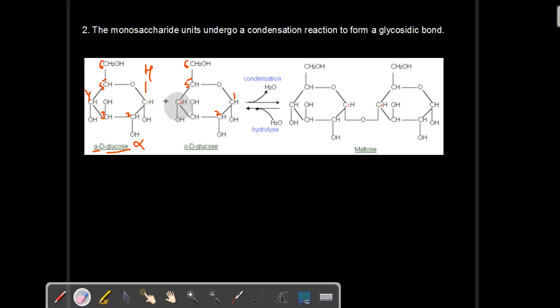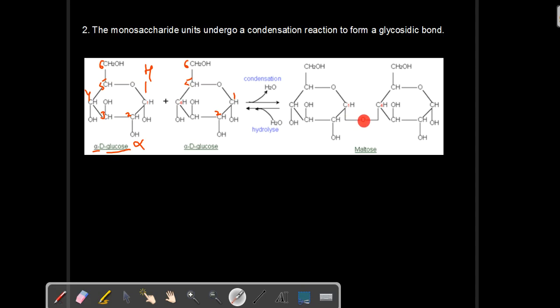Okay, and let us have a look here. This is exactly what a glycosidic bond is. And I told you, when these two hydroxyl functional groups come close by, they undergo a reaction called condensation reaction. Why condensation reaction? Because the two molecules are condensed together. They are brought close together to each other. And also this is a dehydration reaction because a molecule of water is removed, dehydrated, right?